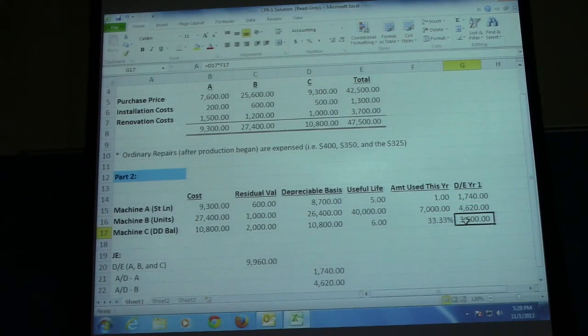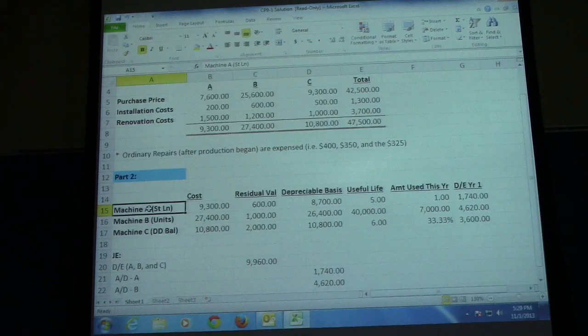Double declining balance method. With the double declining balance method, we simply take the net book value, which is 10,800 because there is no accumulated depreciation in the first year, and multiply it times the rate. In this instance, the rate is 2/6 or 1/3, right? Because the useful life is 6, right? Notice these depreciation methods are all different, and so are the assets' useful lives, okay?